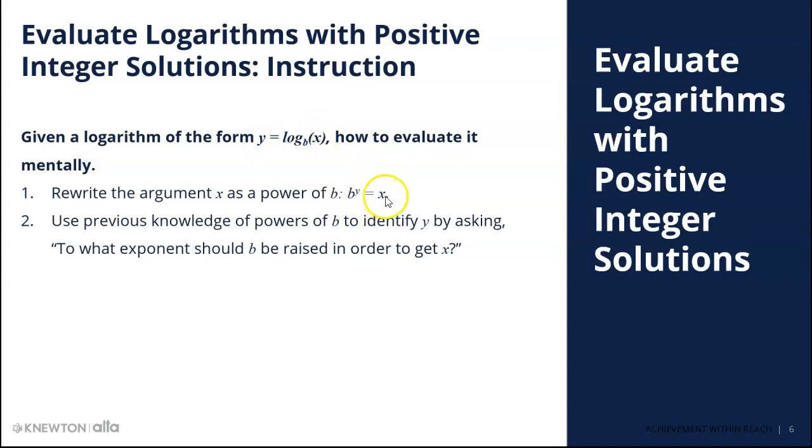So we can convert log of x base b equal to y as b to the y equal to x. Whenever you see the logarithm of x base b, you just have to ask yourself, to what exponent should b be raised in order to get x?